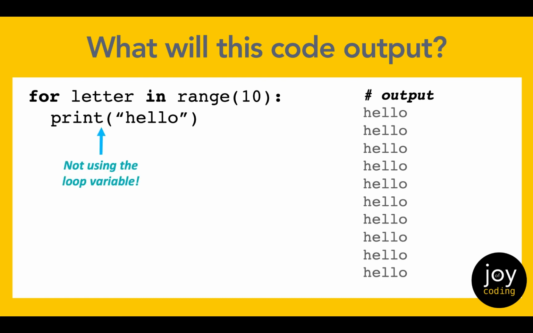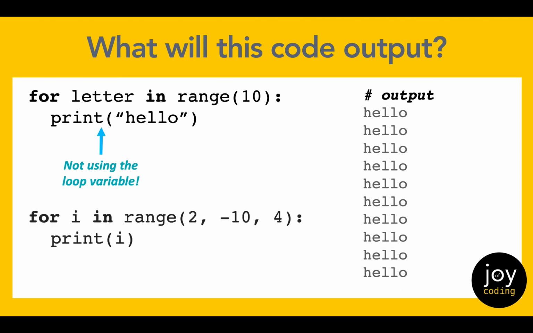This loop is different because it's not using the loop variable. We have to create a loop variable. It's part of Python's syntax and how the language is formed. But we don't have to use it. And in this case, we're not. We're not using letter in the loop at all, other than on that first line. So inside the loop body, we're simply printing hello. And so we're going to repeat the same thing over and over again without changing it 10 times.